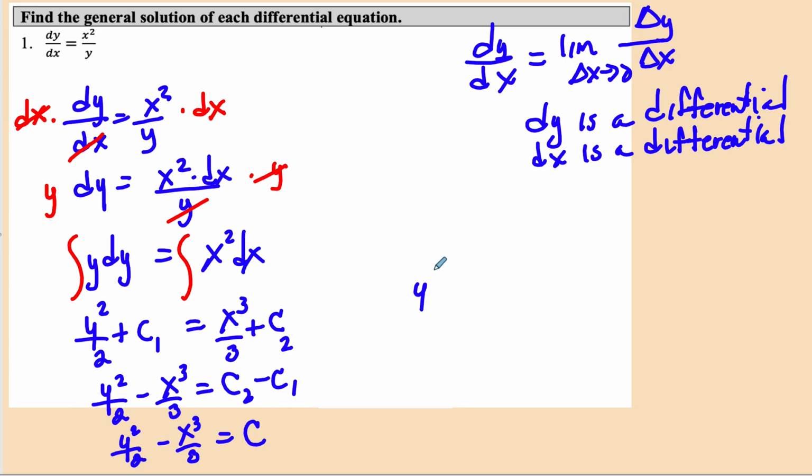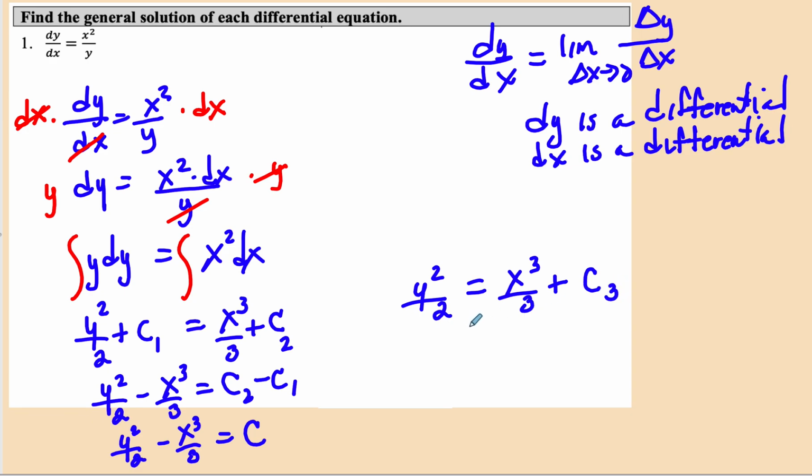So I'll do y squared over 2 equals x cubed over 3, and then this will be plus c sub 2 minus c sub 1. And again, this is just some constant. I guess we could just call it c sub 3 when we put it all together. So I'll just erase it, and it's going to be a constant, and I'll just call it c sub 3.